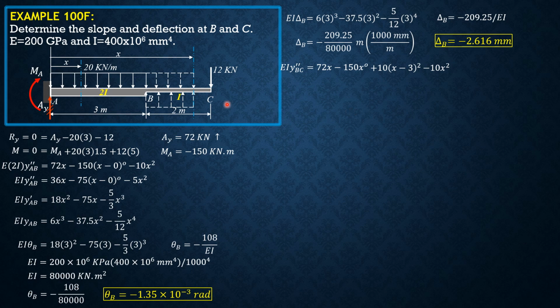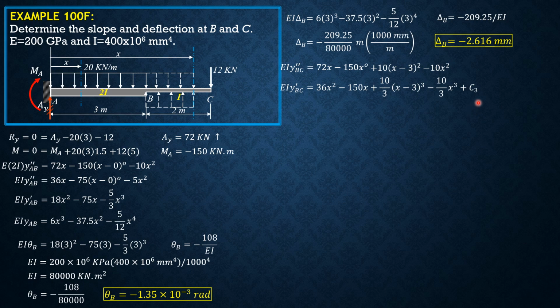Integrating, so this is BC, definitely there is deflection and rotation for this part, so there is a constant of integration. So EI y prime BC equals 36x squared minus 150x plus 10 thirds x minus 3 cubed minus 10 thirds x cubed plus c sub 3.